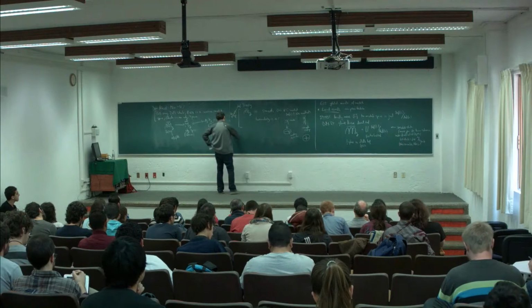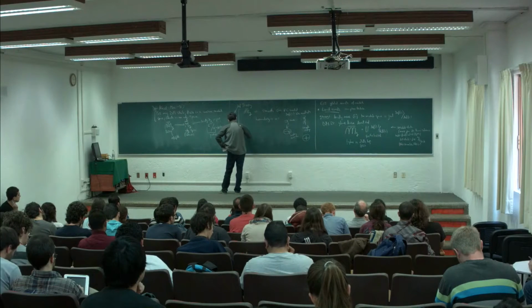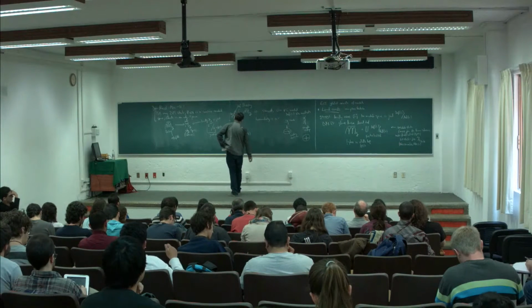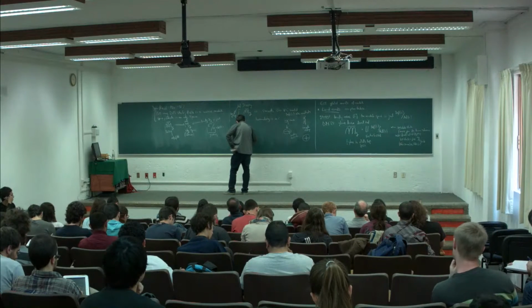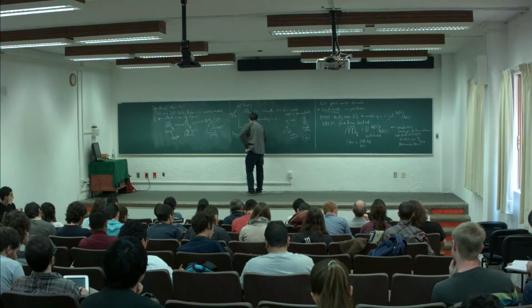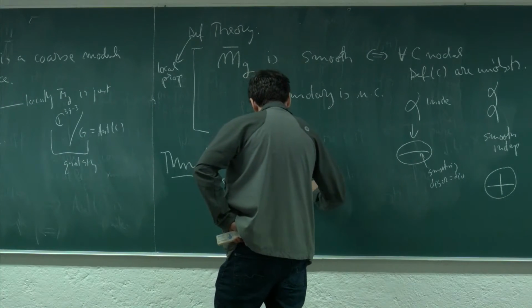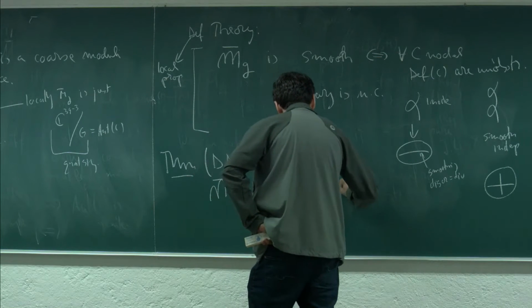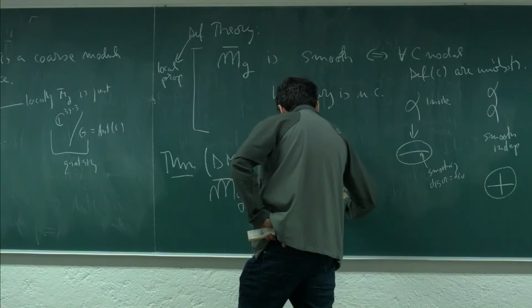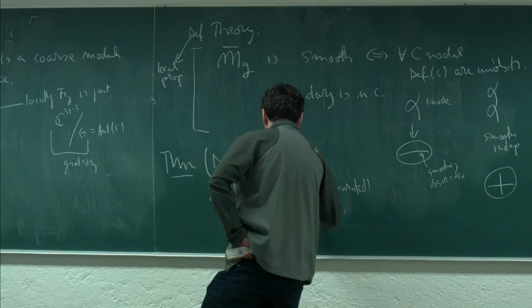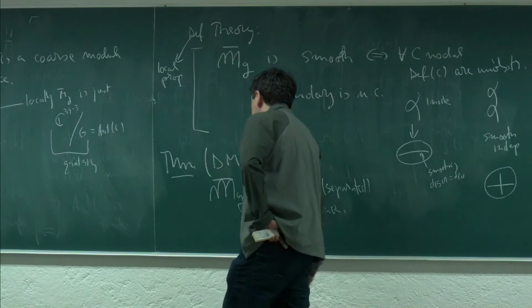The main theorem of Deligne and Mumford is that this M_g bar is a proper, and in particular separated, stack. We also know the automorphisms are finite, so it is a Deligne-Mumford stack.